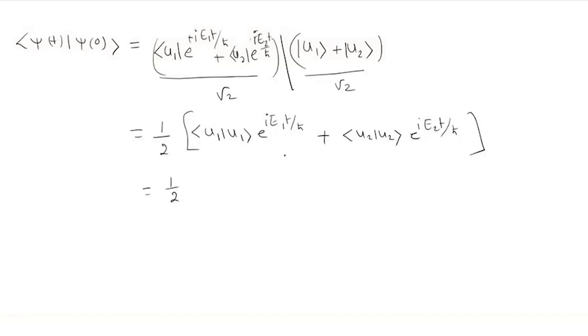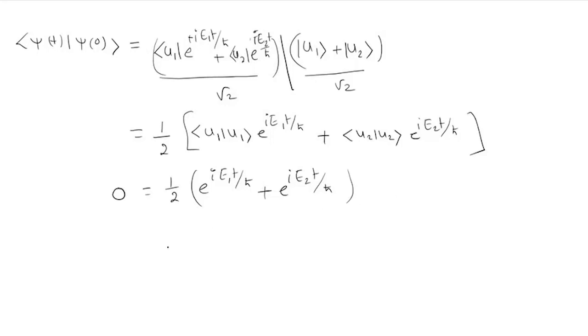And here you have i e1 t over h cross plus i e2 t over h cross. So this should be 0. You have to solve this problem. You equate it to 0. Solve it for t.